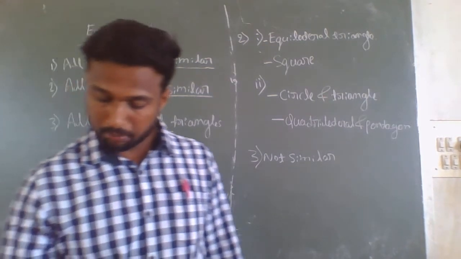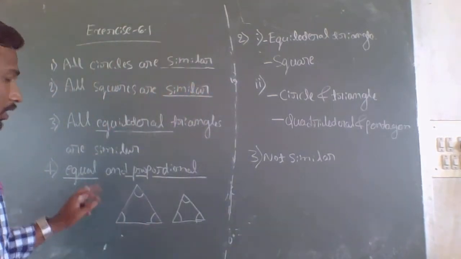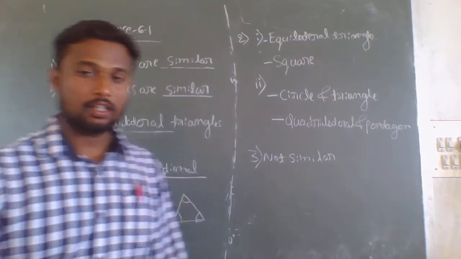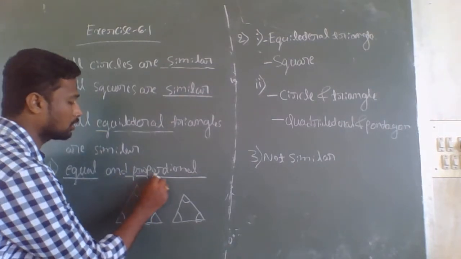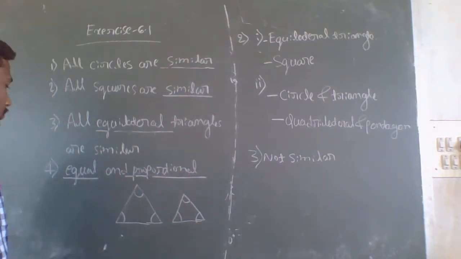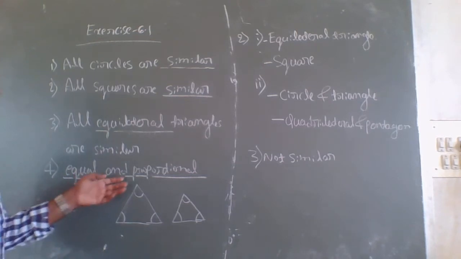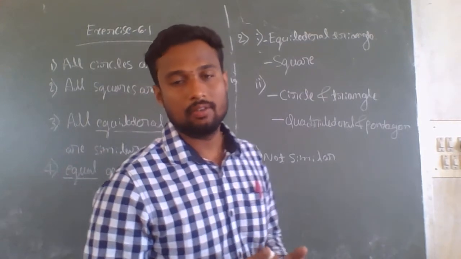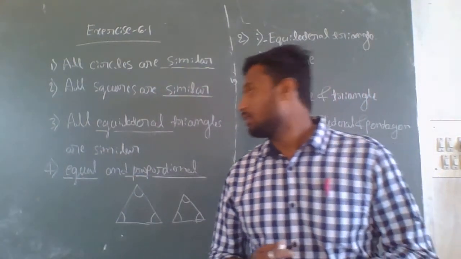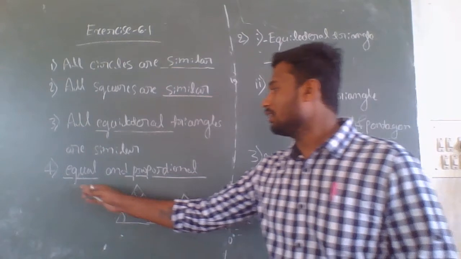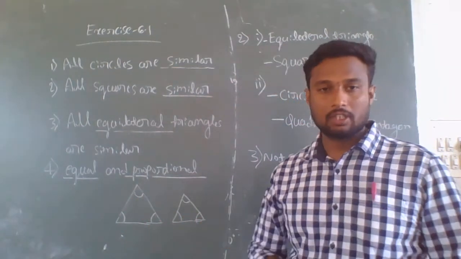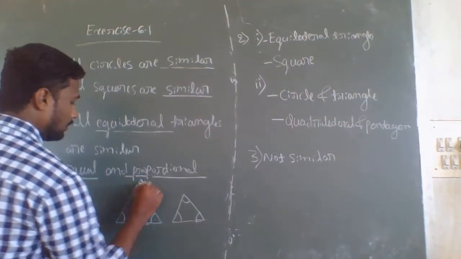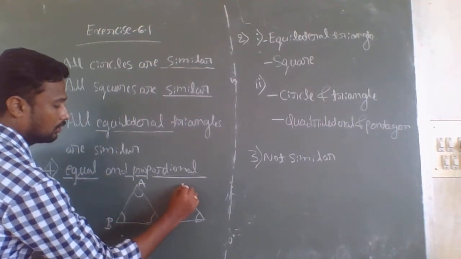What is that? Their corresponding angles are equal and their corresponding sides should be proportional. So the answer for the fourth question is equal and proportional. Two polygons are said to be similar if the corresponding angles are equal to each other. Suppose, for example, here I will consider a triangle.